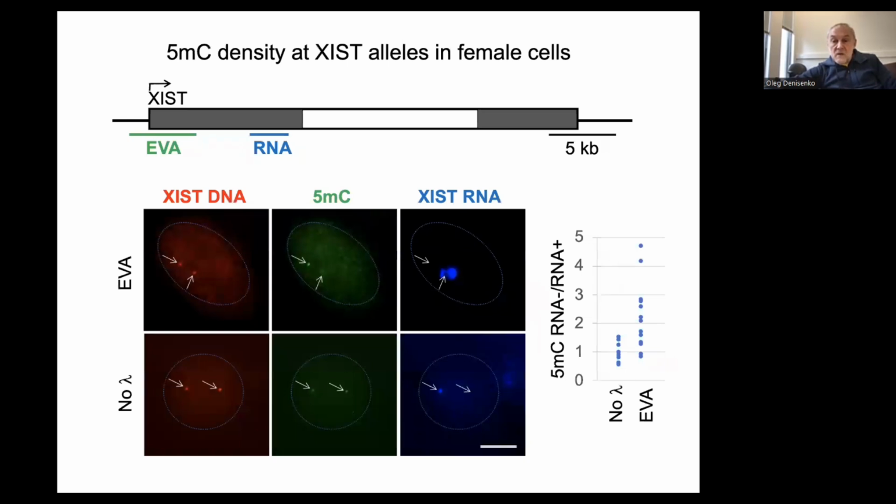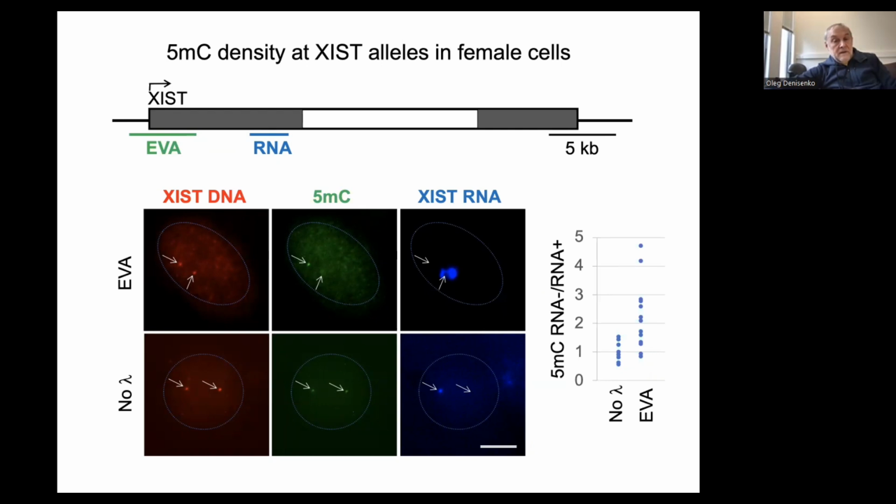Here is another example of combined RNA FISH and EVA. We used a probe to the imprinted gene XIST. The EVA probe was to the beginning of the gene, and the RNA probe was to the end of exon 1. To remind you, this gene is expressed from one allele only in female cell lines.